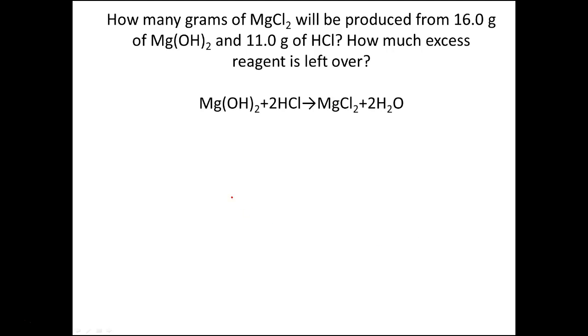So the first thing that we're going to need to do is find our molar masses. And if we're starting with our 16 grams of magnesium hydroxide, we need this molar mass, or these atomic masses added up from the periodic table. So if we look up magnesium, we'll find that magnesium is about 24.31 grams, and then we're going to have to add to that 16 times 2 for our oxygen, plus 1.01 for hydrogen, times 2 as well, because we want to distribute that 2 inside the parentheses.